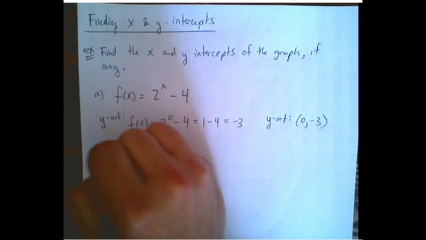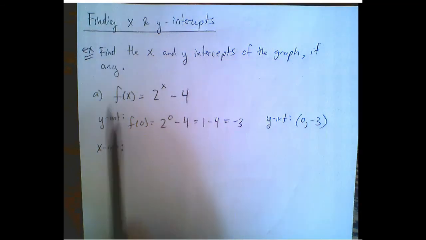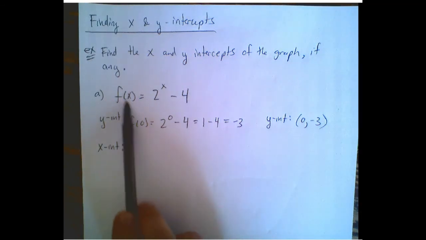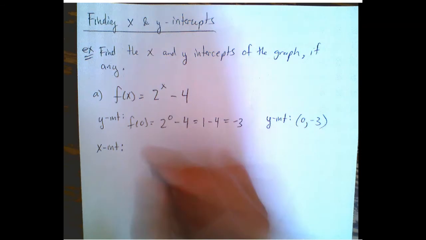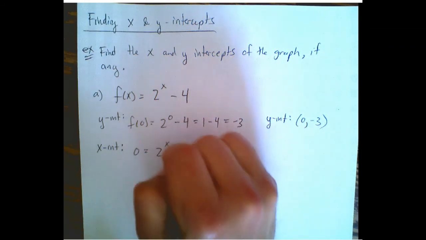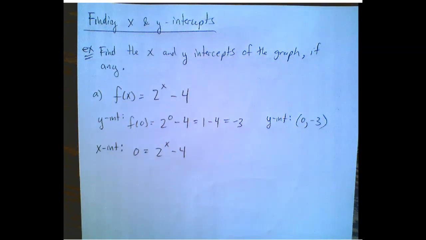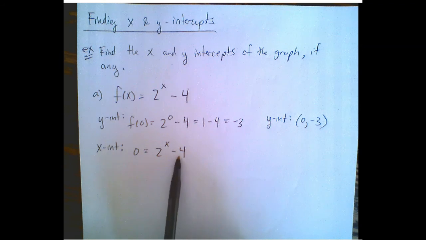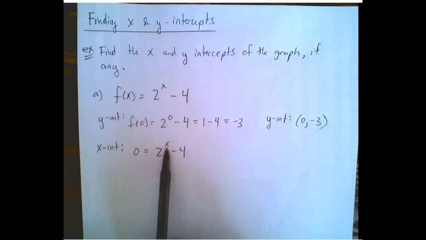For x-intercepts, we need to plug in 0 for y. We're going to create a 0 on the left-hand side, and we're going to solve this thing. So, 0 equals 2 to the x minus 4. To solve this, note that x is trapped in the exponent for now, but this is a pretty simple one.